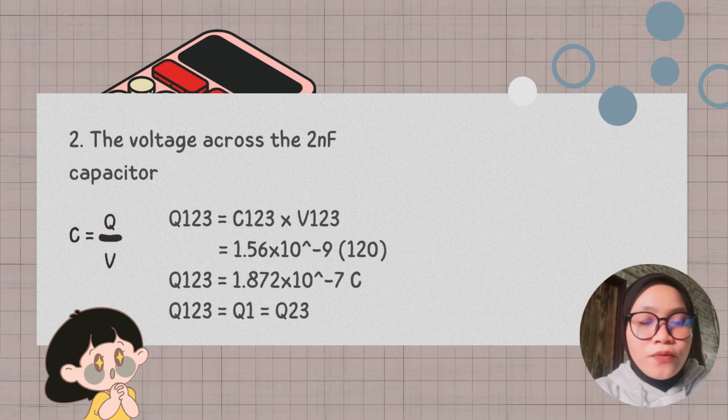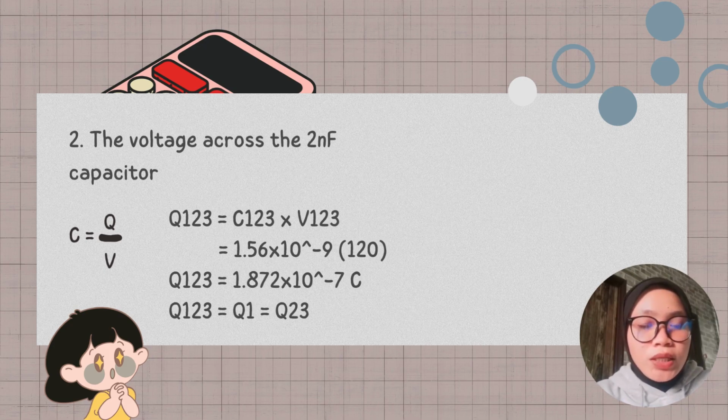So 1.56 times 10 power of negative 9 times 120 volts. So Q123 equals 1.872 times 10 power of negative 7 C. So Q123 equals Q1 equals Q23 equals 1.872 times 10 power of negative 7 C.